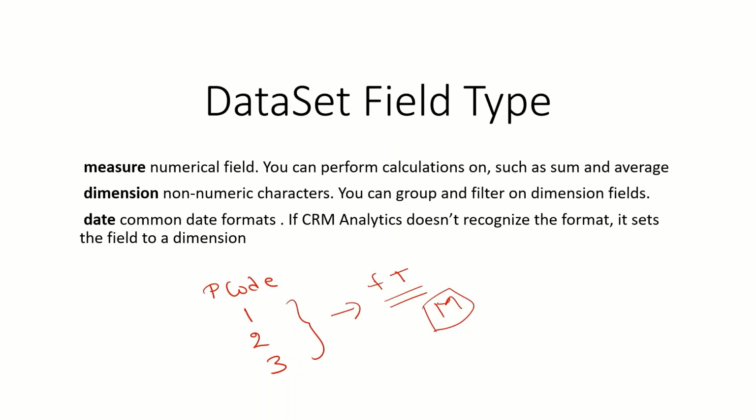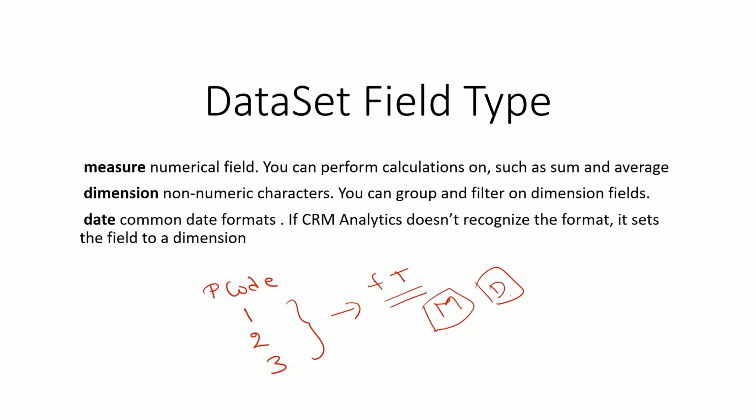So we can also give this particular field the field type of dimension. If we don't have to do any calculation on that field value, then we can give it dimension as the field type.